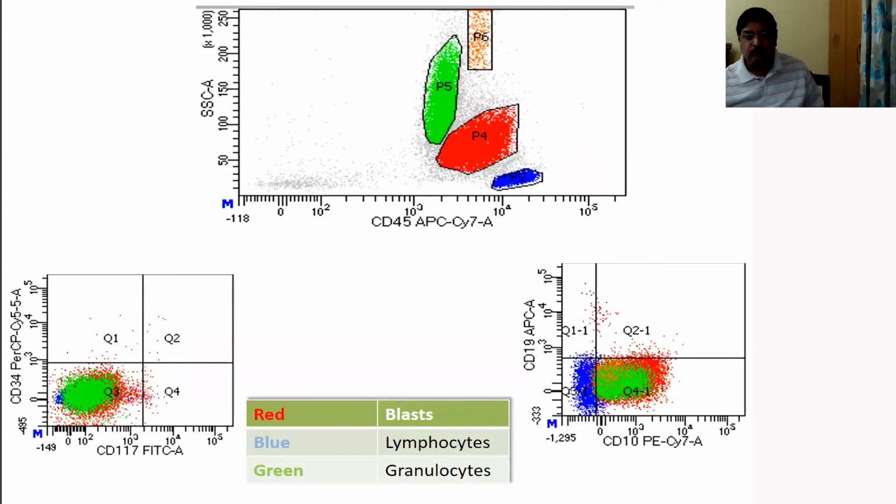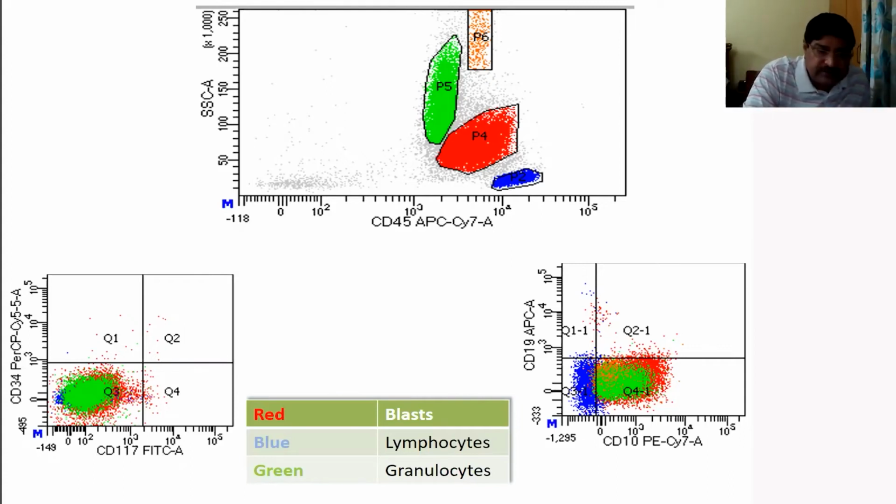Even before you do flow cytometry, since the MPO is positive cytochemically, you have no doubt that you are dealing with a patient of AML. So in this situation, you can straight away write acute myeloid leukemia. But in the previous case, you couldn't have written acute lymphoblastic leukemia with that certainty, because you could still have it as AML or as ALL.